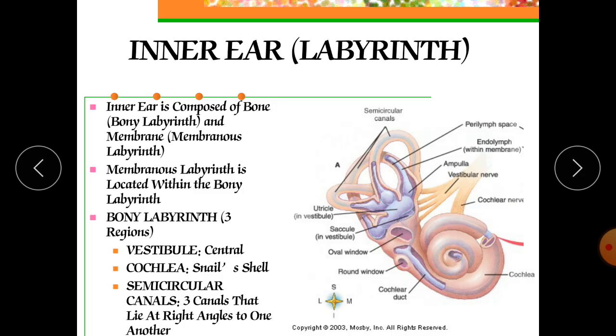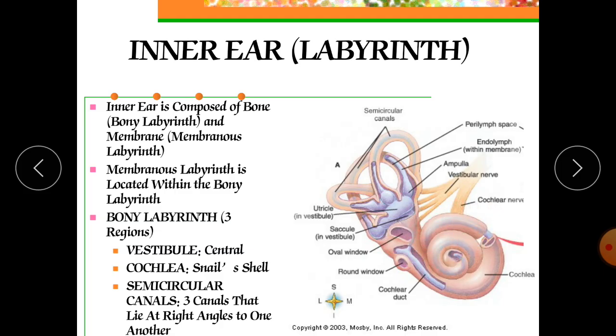The bony labyrinth is a series of cavities in the petrous portion of the temporal bone, divided into three areas: the semicircular canals, the vestibule, and the cochlea, which is the snail-shaped part.